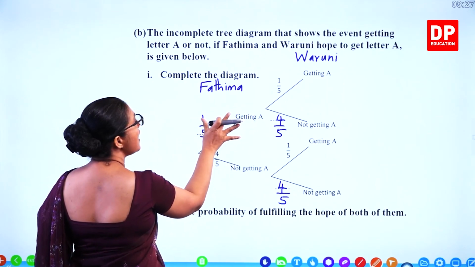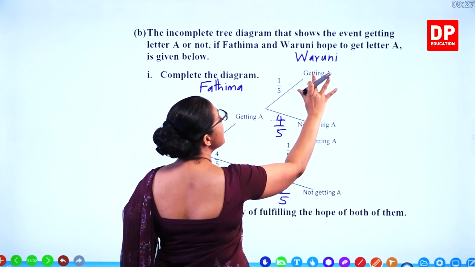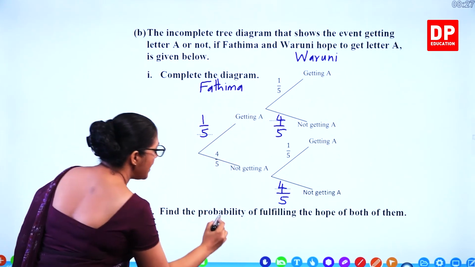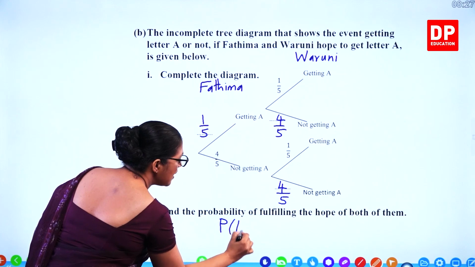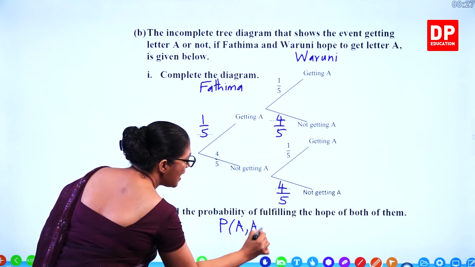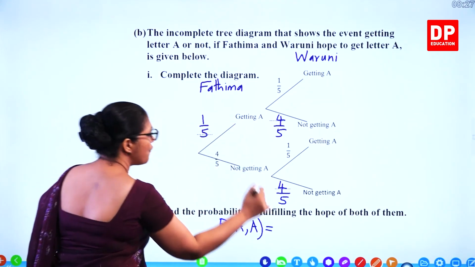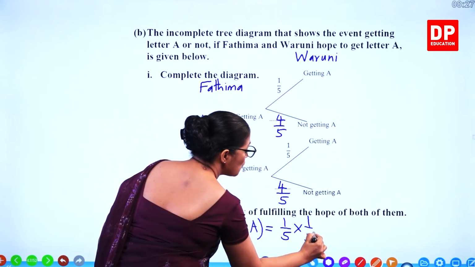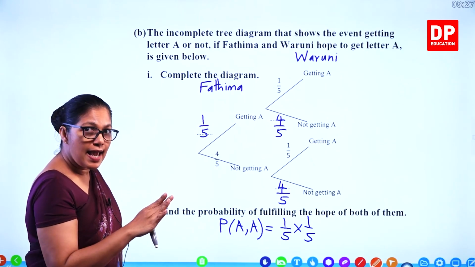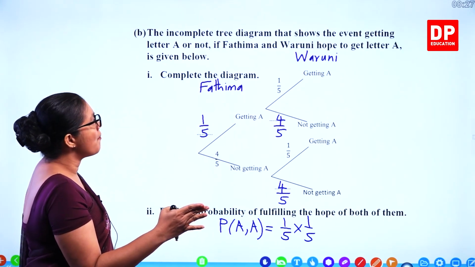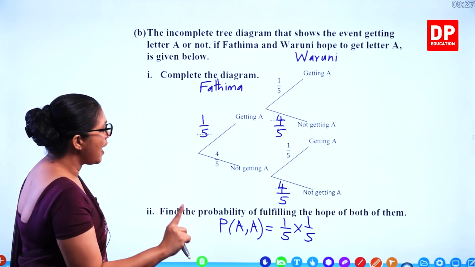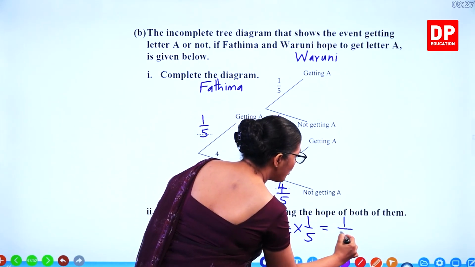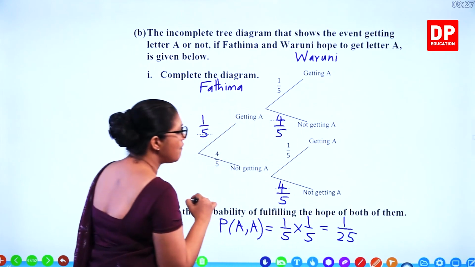Fatima getting A as well as Varuni getting A means we need this path, getting A and A. So the probability of getting both A and A, that's 1/5 multiplied by 1/5, because we use 'and'. Getting A and getting A from Varuni, multiply the probabilities. 1 over 5, 1 over 5, you get 1 over 25.